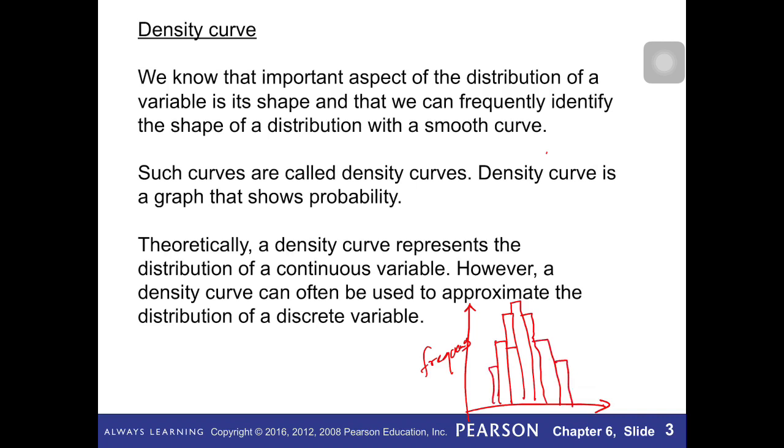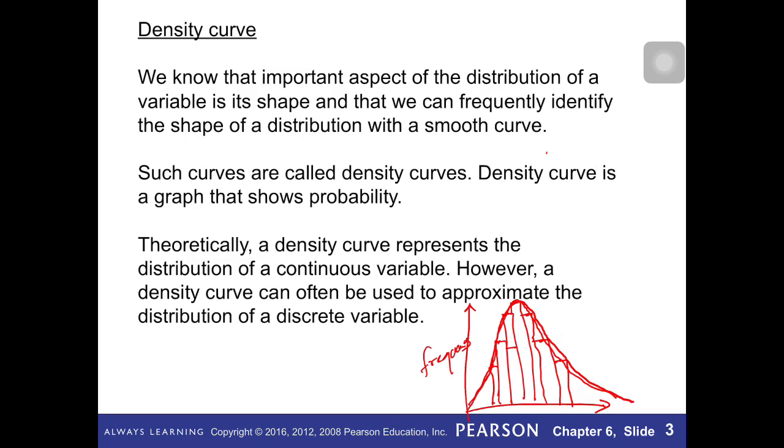When I join the central points of each bar, I can draw a curve something like this. A smooth curve. See, there are no lags or gaps in this line. So this kind of curve we call a smooth curve or density curve.